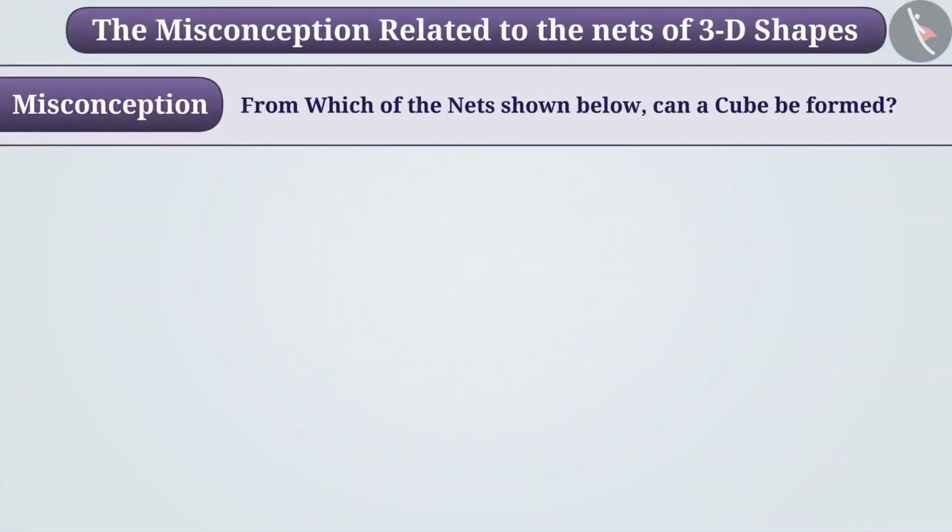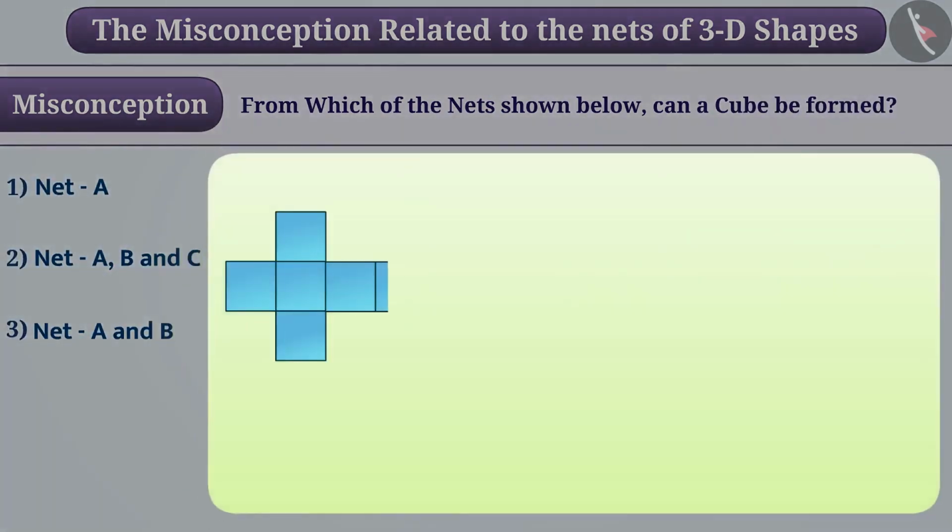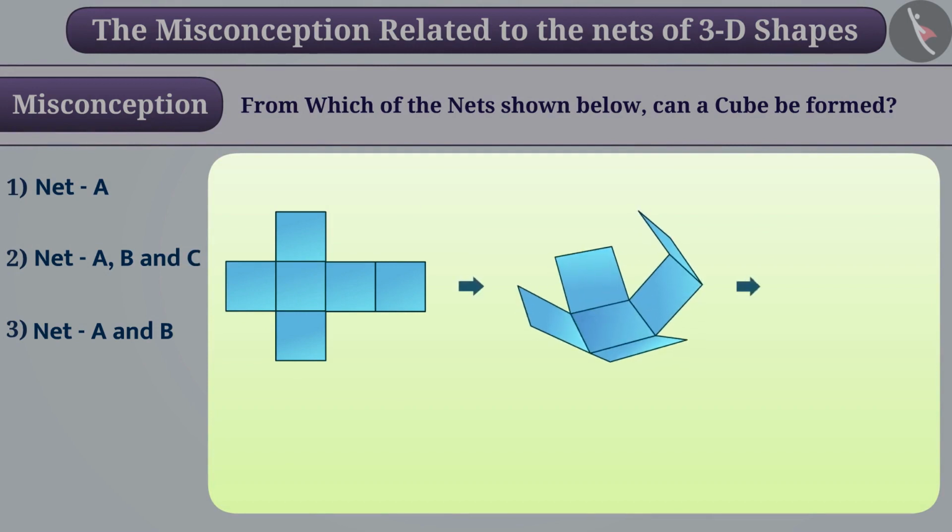Misconception: from which of the nets shown below can a cube be formed? Some children are unable to visualize which solid shape will be formed by looking at the net.